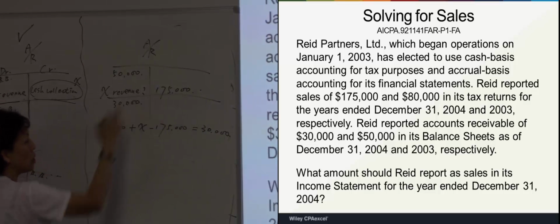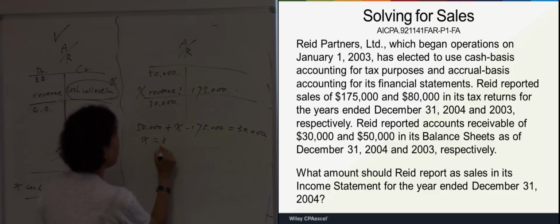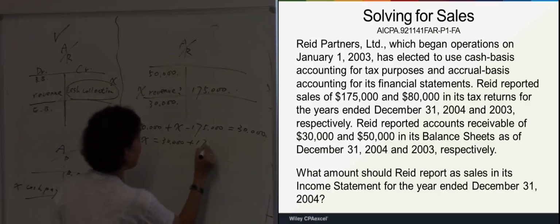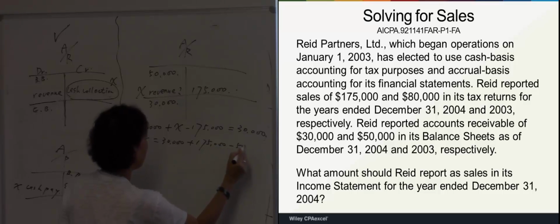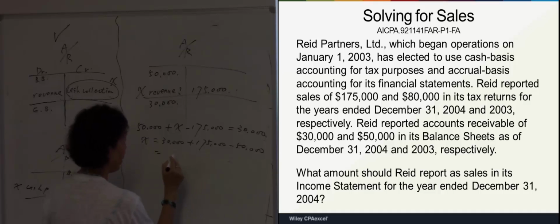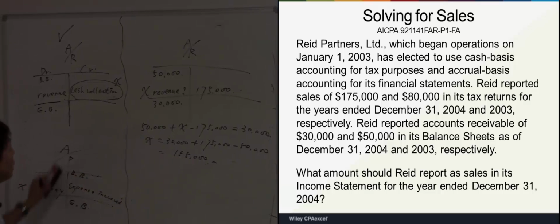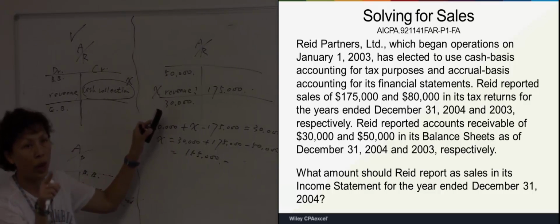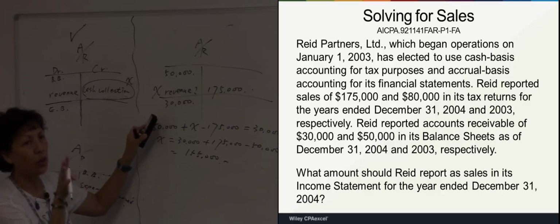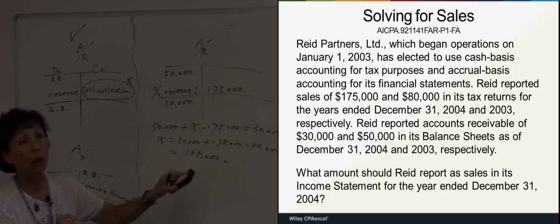Solve the equation to get X: 30,000 plus 175,000 minus 50,000, so we have 155,000. What does 155 refer to? Accrued revenue, the amount reported on the 2004 income statement.